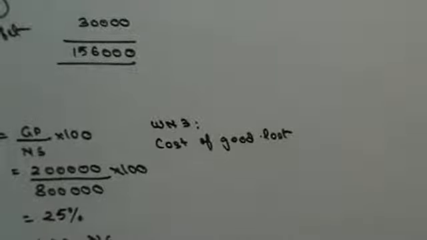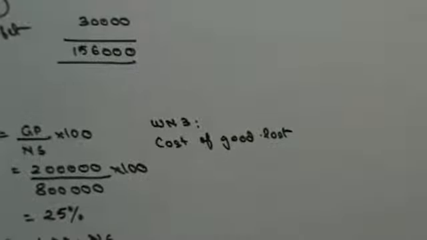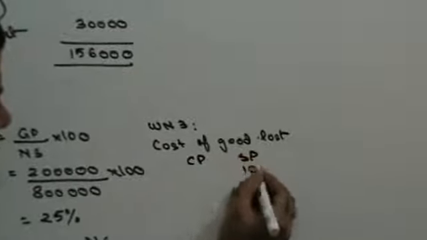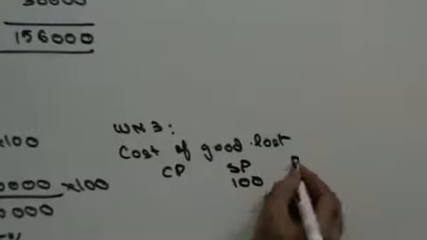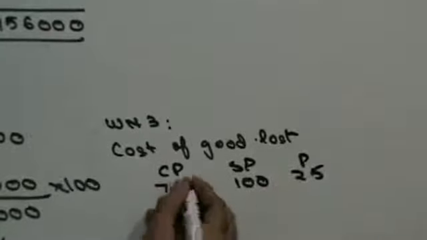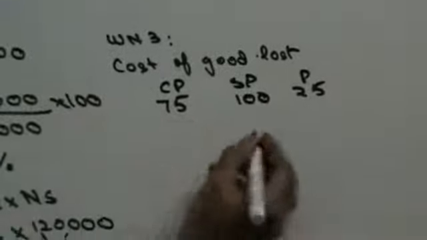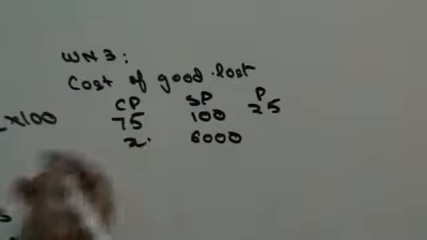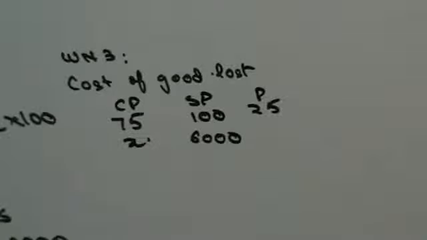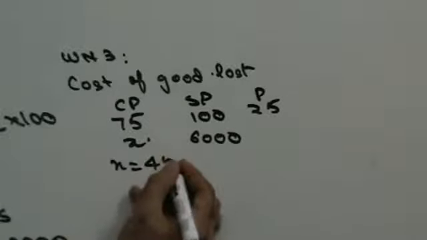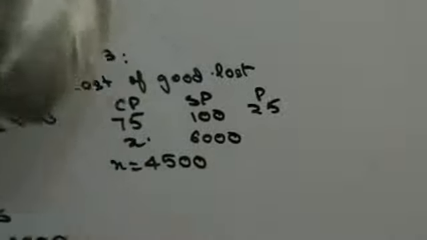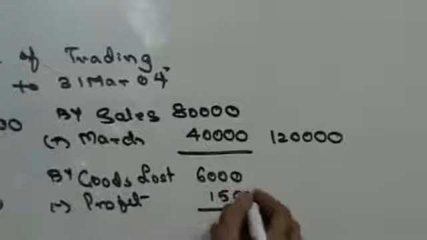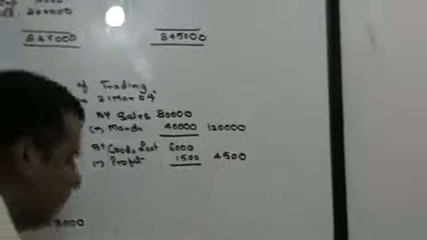If my profit is 25%, that means the cost price will have to be 75%. See this, guys. If the selling price is 100 and profit is 25, that means the cost price will have to be 75. The selling price of the goods which have been lost is 6,000. So what will be the cost price of the goods lost? The cost price of the goods lost is going to be 4,500. So here you will say less profit 1,500. That will come to 4,500.